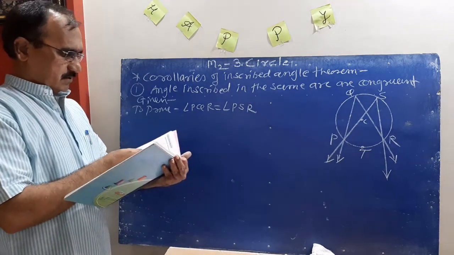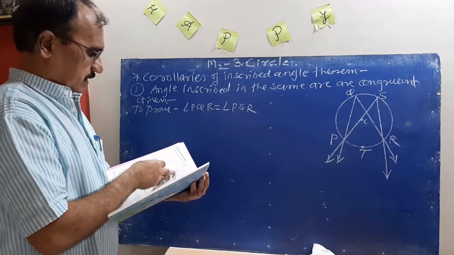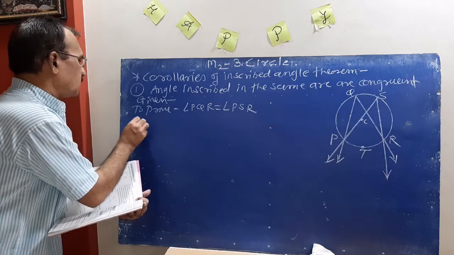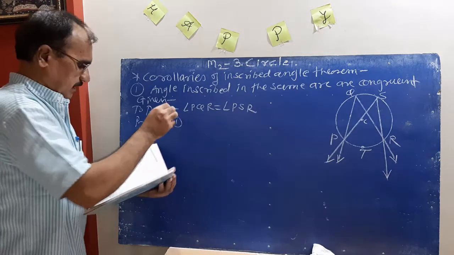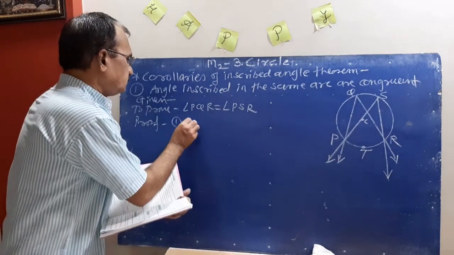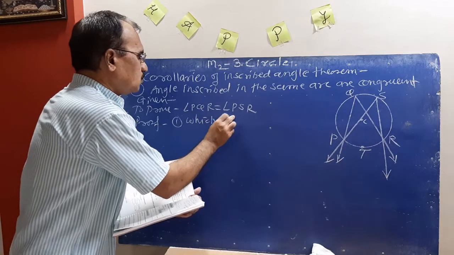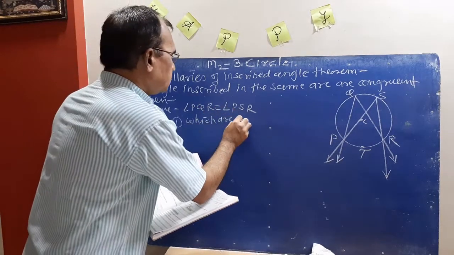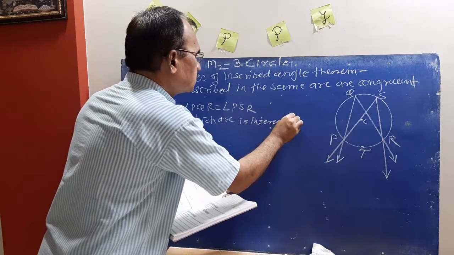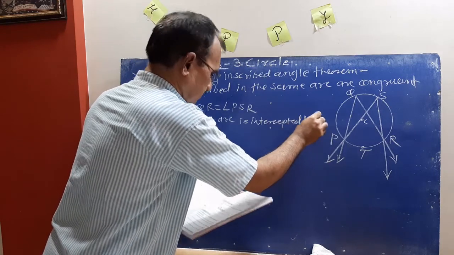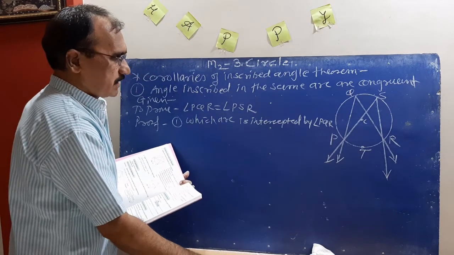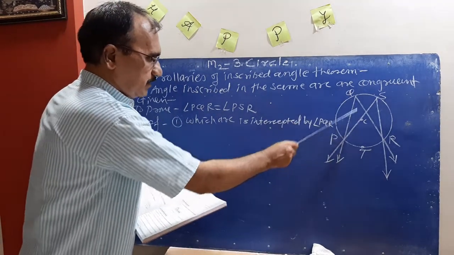Some questions are here. Think of the answers to the following questions and write the proof. First question: which arc is intercepted by angle PQR?